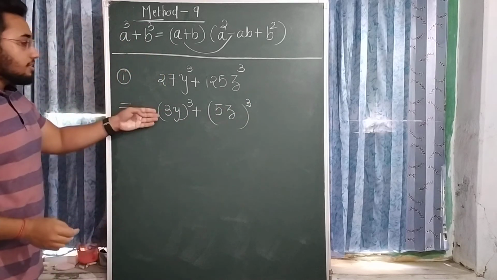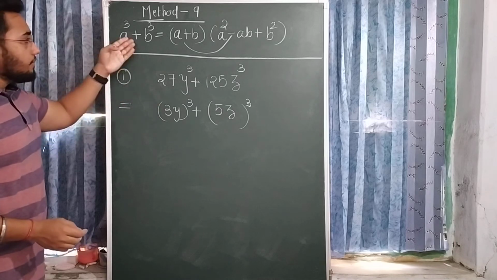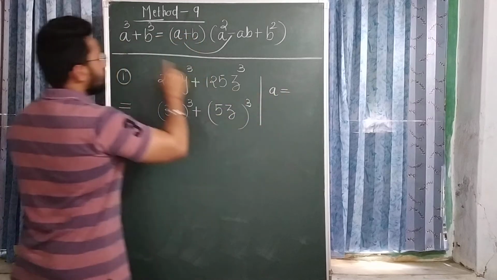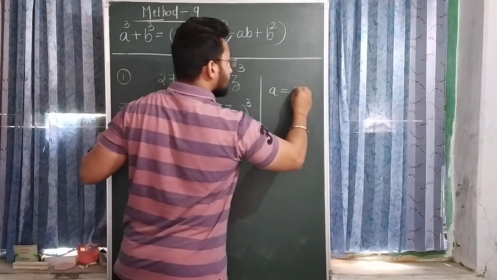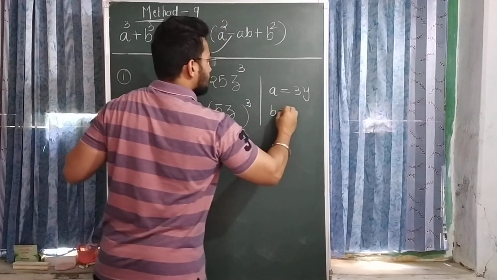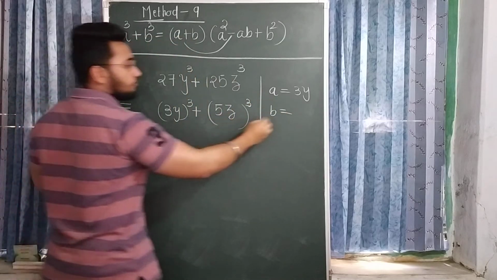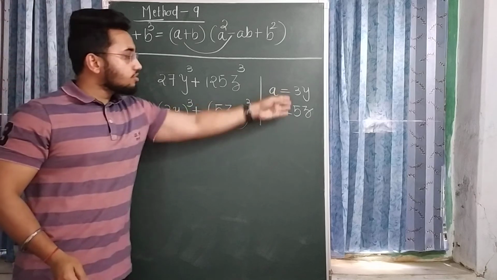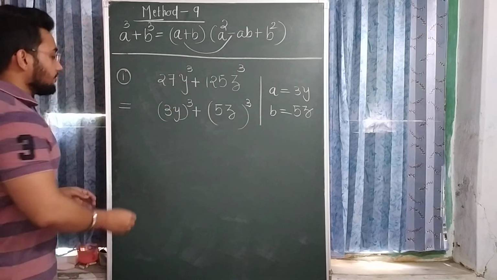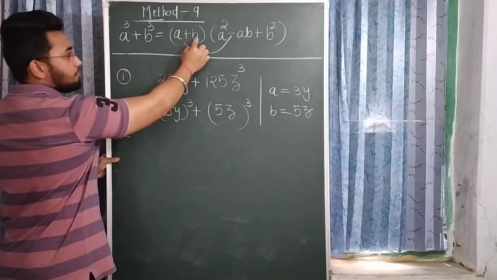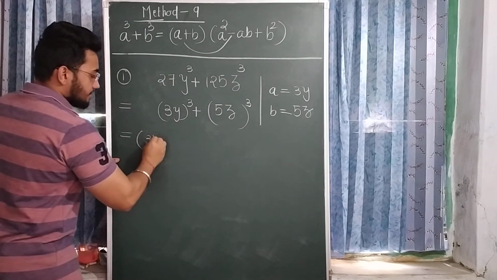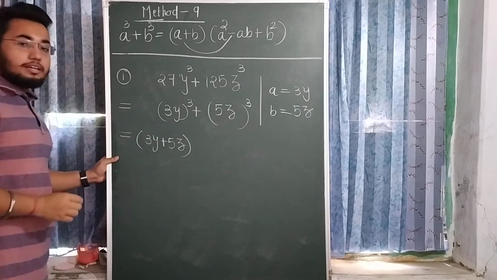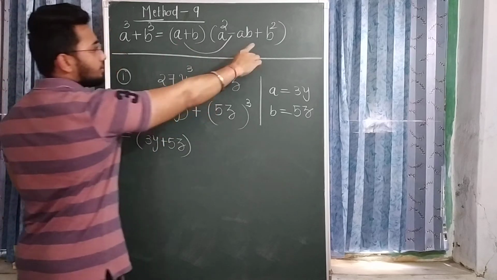So now compare this. Whenever I compare these two, the value of a is 3y, and the value of b is 5z. Now simple, I just have to put these two values in this equation, then I get the answer. A plus b means 3y plus 5z. Now I am writing the entire example in this expanded form.